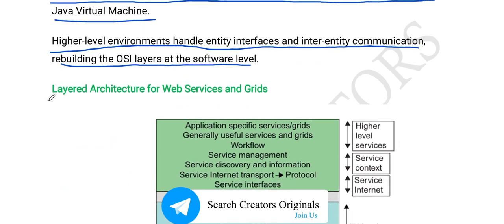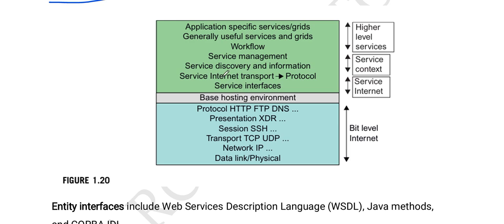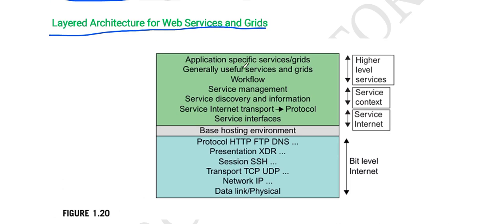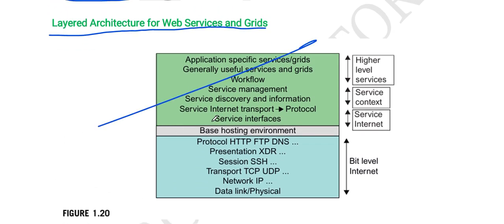Next, we are going to look at layered architecture for web services and grids. In this diagram, we can observe the layered architecture for web services and grids. This diagram is very important.